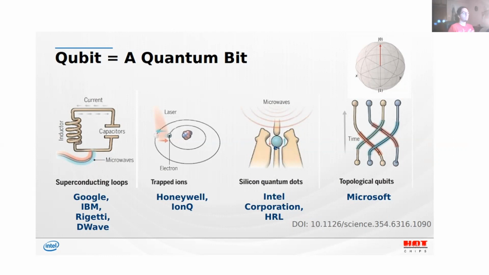But in Microsoft's technology, topological qubits, information is encoded and directly embedded into a topological protection. So there is no way to penetrate this topological relationship between qubits, and it doesn't need any quantum error correction.